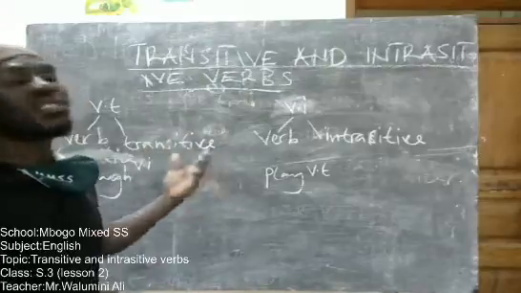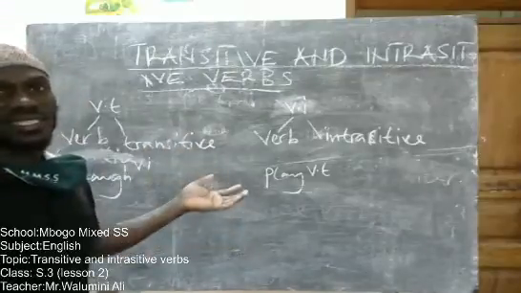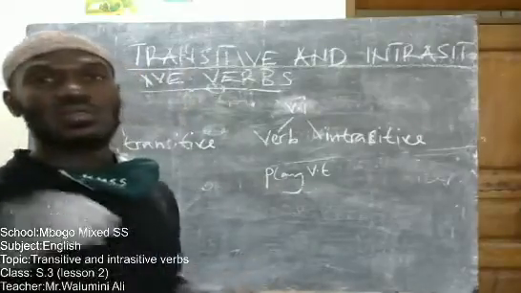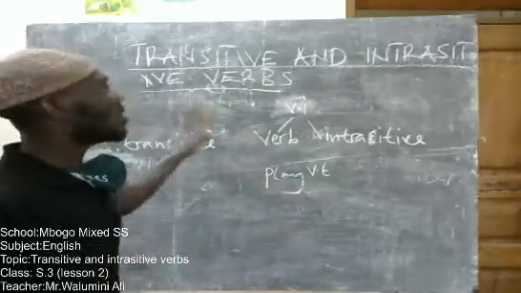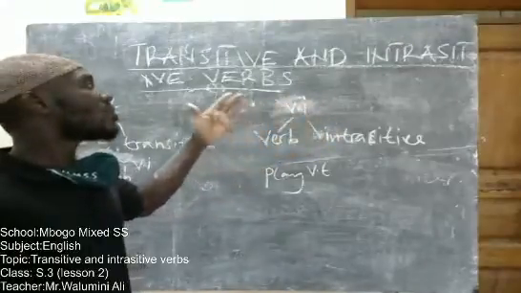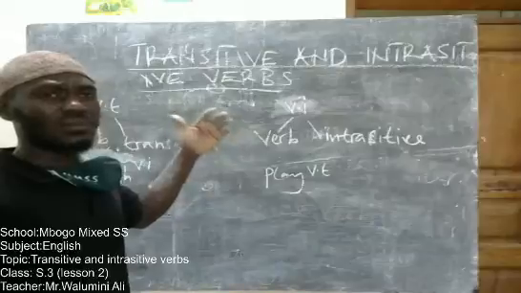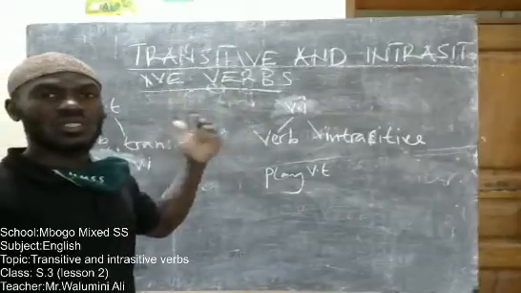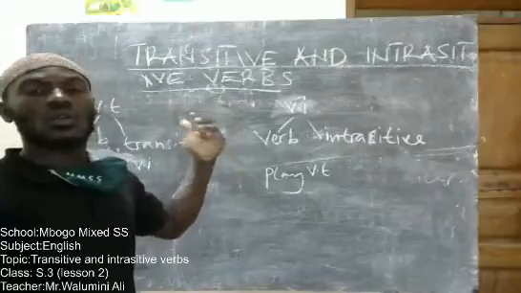Then after that, proceed to Google and ask Google to tell you the differences between transitive and intransitive words, and then also ask it to give you examples of transitive and intransitive words.